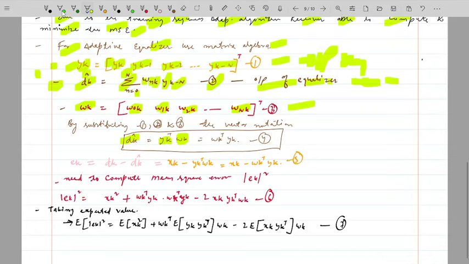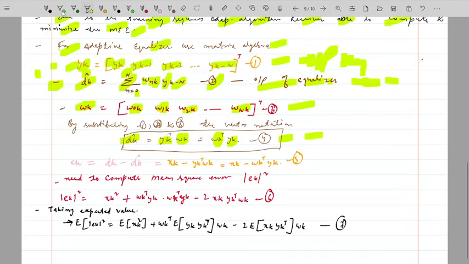If we transpose the elements of this input vector y of k and multiply it with this weight vector, or we can change this: we take the transpose of the weight vector and multiply it with the simple y of k column vector. So here it is a row vector and column vector multiplication, and we get the estimated output of this equalizer.